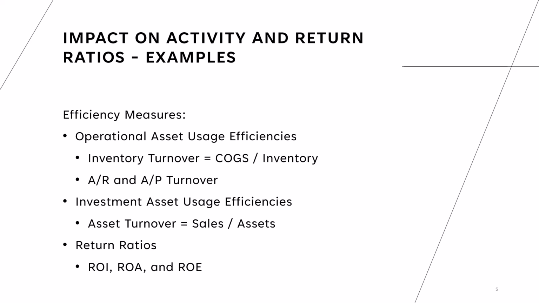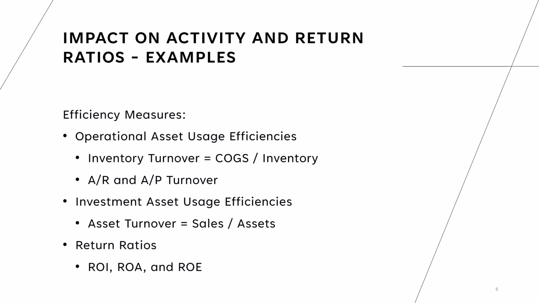What about if we use credit to make this inventory purchase? In that case, your accounts payable is going to be impacted because you will incur more accounts payable. What direction is it going to go? Well, it depends on whether the current existing accounts payable ratio is greater than 1 or less than 1. Typically, it's greater than 1.